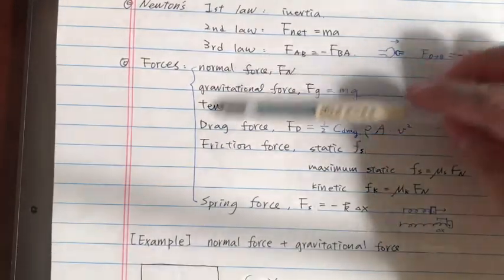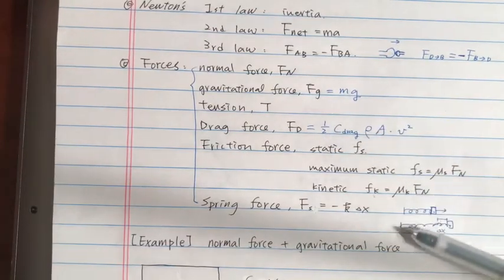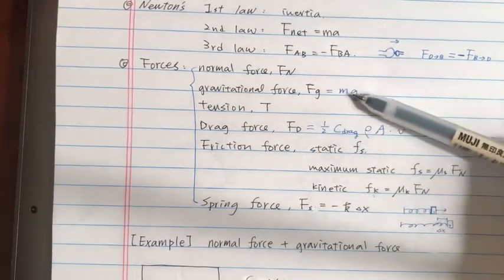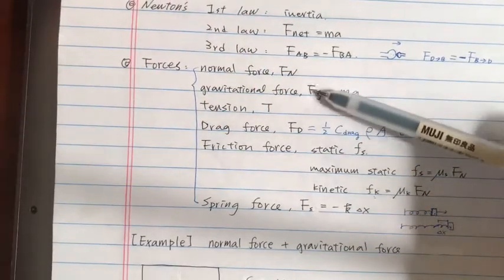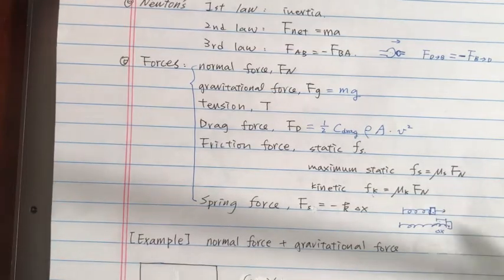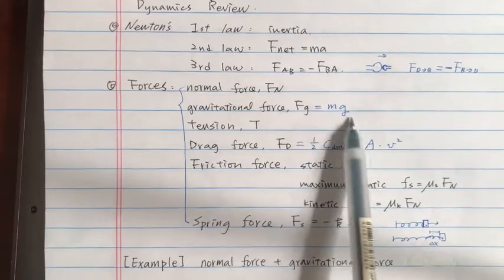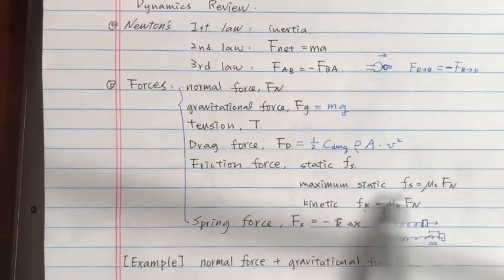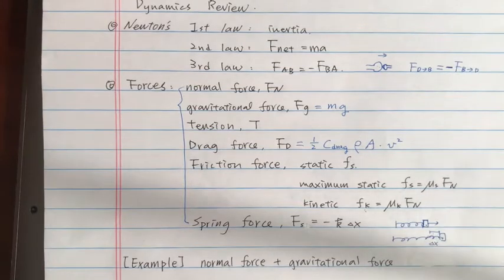We also talked about all kinds of forces and where they're coming from. And based on where they're coming from, we may have some equations, like definitions for these forces, which look like this. So it's very important for you to understand what this really means, what the meaning of each variable is, and when this is applicable in what situation.